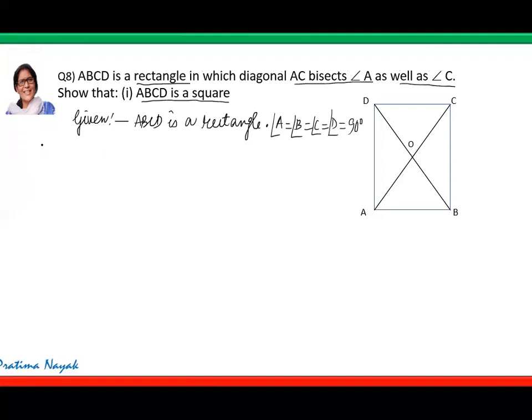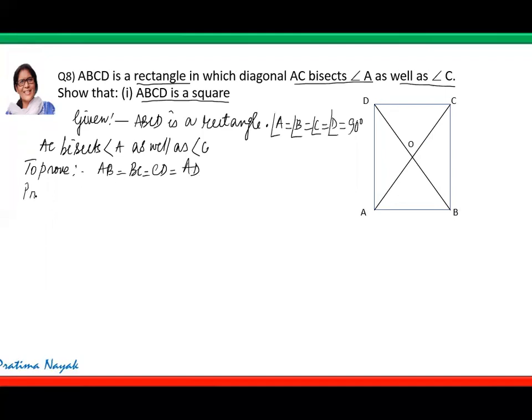And AC bisects angle A as well as angle C. To prove: ABCD is a square, that means to prove AB is equal to BC is equal to CD is equal to AD.